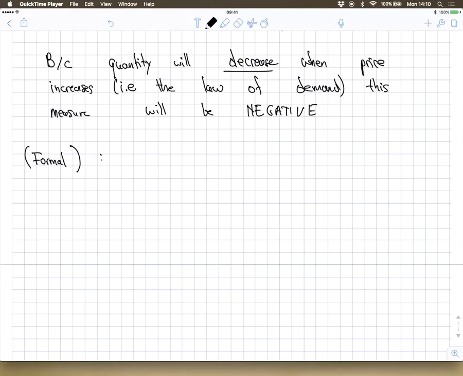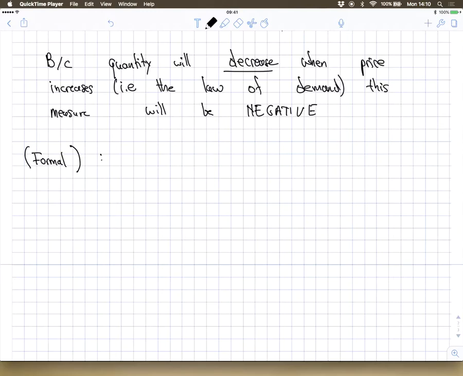Change in price of change in demand. Proportional. Almost there. Yeah, the proportional change in quantity, proportional to the change in price. A percentage change in quantity due to a 1% change in price.